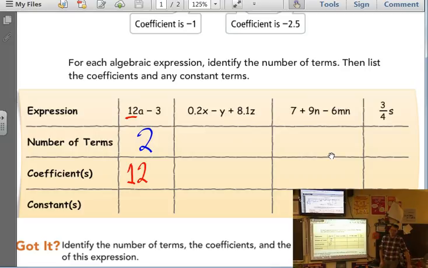Constant? No. If you think you know it, he did 12 minus 3. Negative 3. It's negative 3. I was close. The sign. Hey, hold up. I'll wait, because we release once I get to say this. The sign in front of a term has to go with the term. There's a positive sign in front of here. You just don't see it. The negative or the subtraction sign has to go with it.